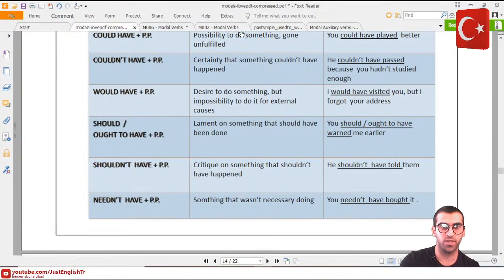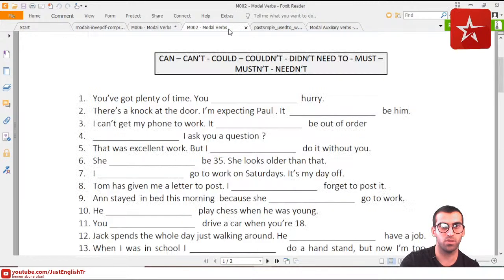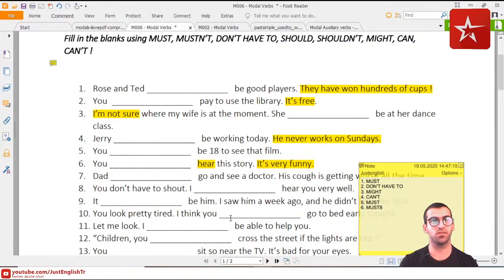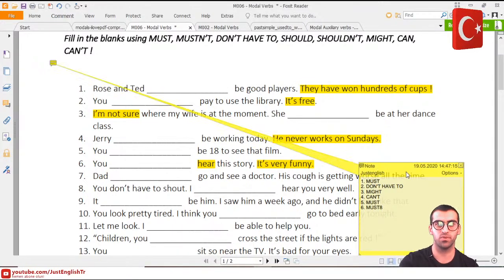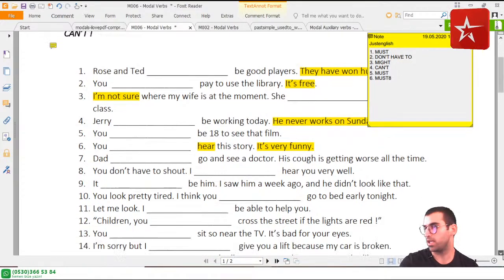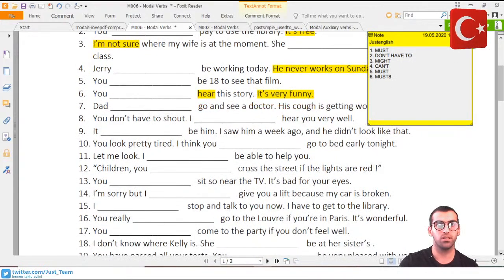Okay, if you don't have any question, let's continue with the rest of the modal verbs here. We have done 6 of them up to now. Let's continue with number 7.